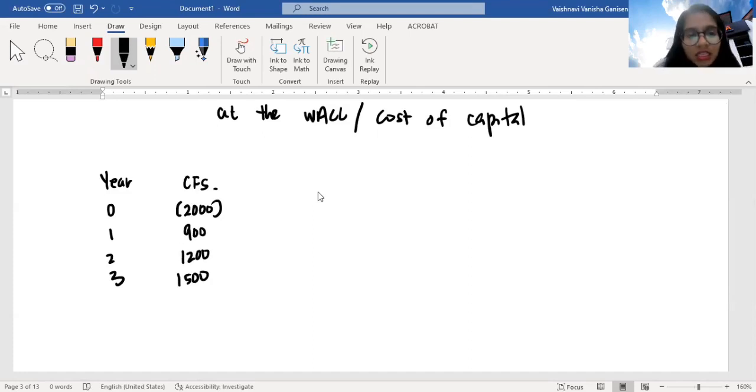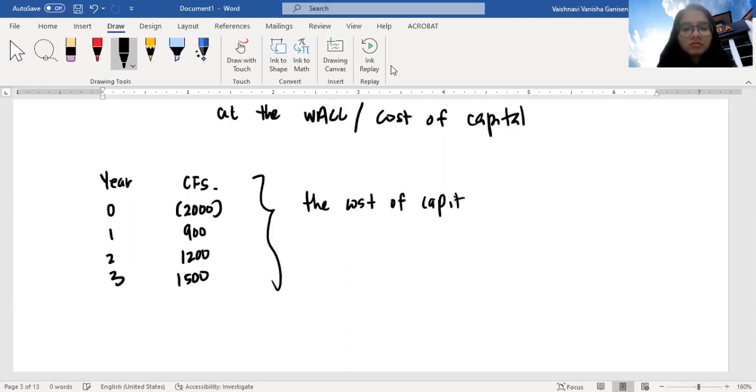Let's say the cost of capital given for this question is 5%. Calculate the net present value.